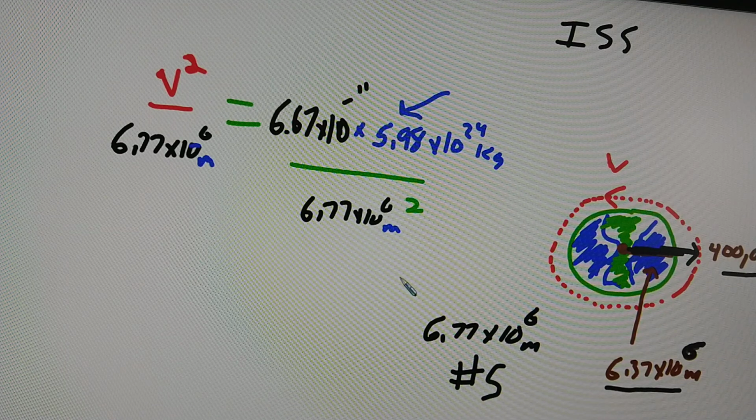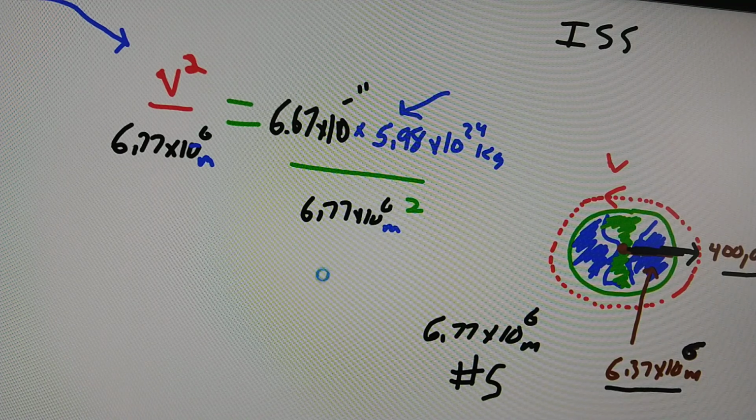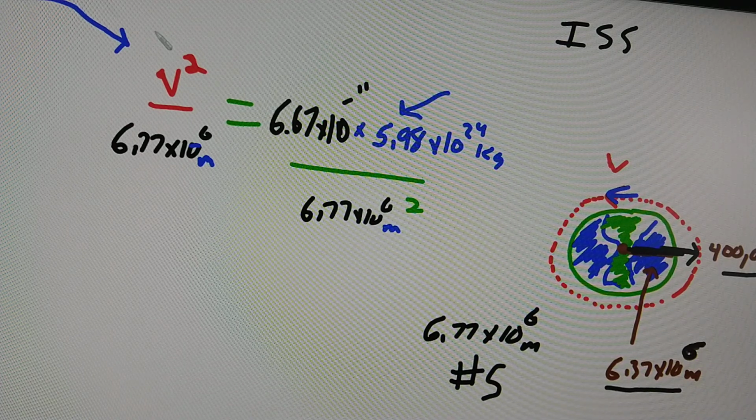All right. Ladies and gentlemen, your last question for today, number 6, is can you solve for the letter V? Can you solve for the velocity of the International Space Station as it circles the Earth at an altitude of 400,000 meters? Here we go.